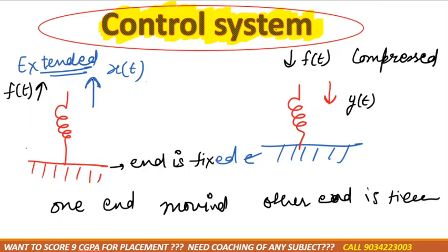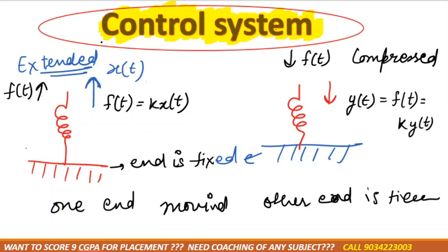So in this case, the equation would be f of t equal to k into x of t. Similarly, in this case, the equation would be f of t equal to k y of t. Understood? So this is the case.